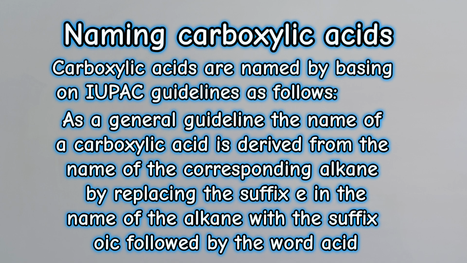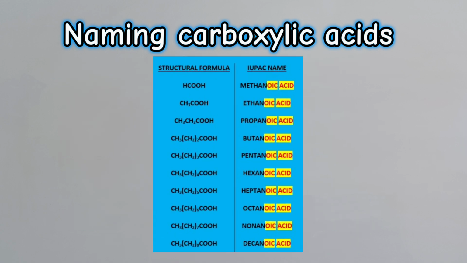The table below shows the first 10 straight chain carboxylic acids and their corresponding IUPAC names. Now, as you observe the table, try to see the relationship between the name of the carboxylic acid and the corresponding IUPAC name of the alkane.